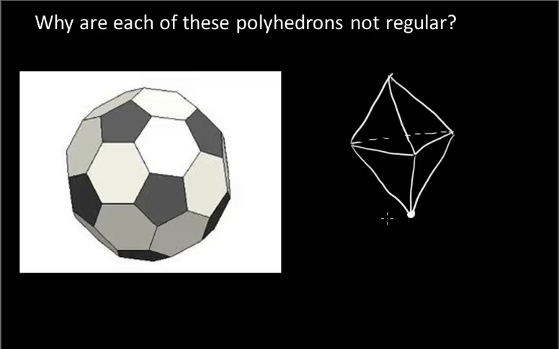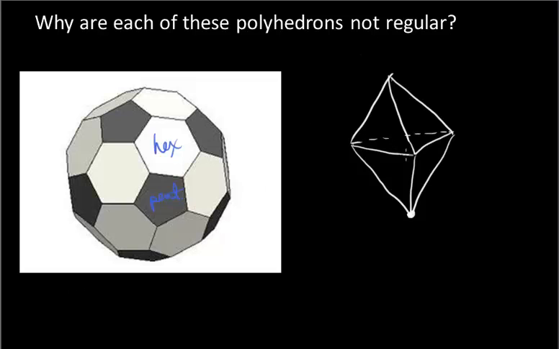Well, what you see on the soccer ball right away is that some of these faces have 6 sides. They are hexagons. This is a hexagon, but this is a pentagon, only 5 sides. So the faces are not identical polygons. Therefore, it is not regular.